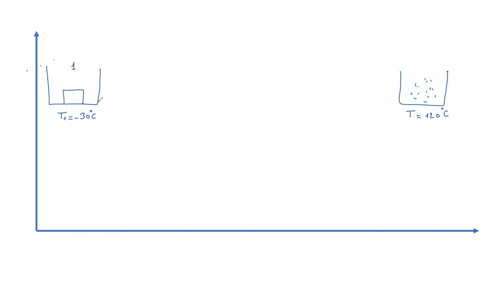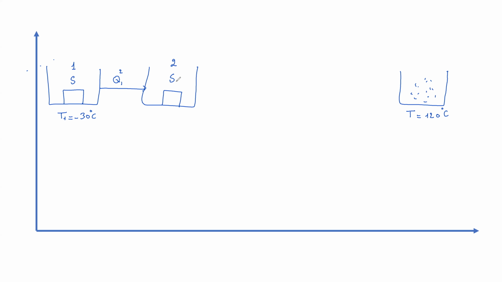First of all, I want to add Q to the system to pass from state 1 to state 2, where the cube is always in a solid state. Here we have solid state, and here we have a solid state.